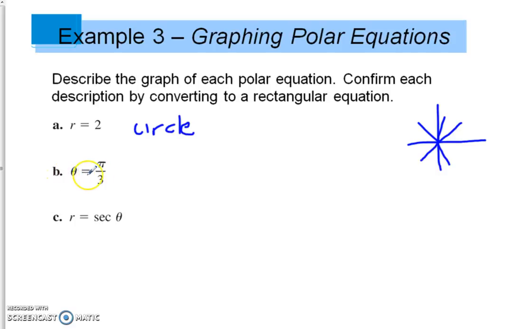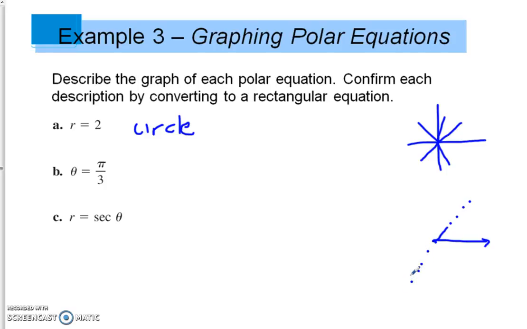Here, if I know what theta is, but I don't know anything about r, I draw another one, this time I'll try to draw it right. Here's my pole, and here's my polar axis. If I know that theta equals pi over 3, which is about here, anywhere along here, theta is pi over 3, as well as anywhere down here.